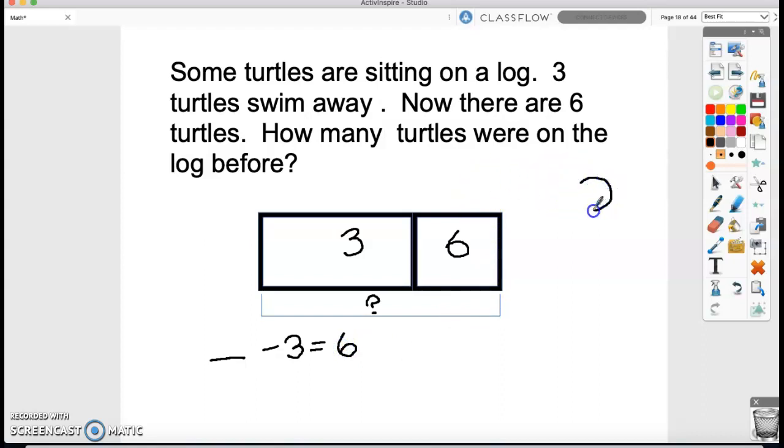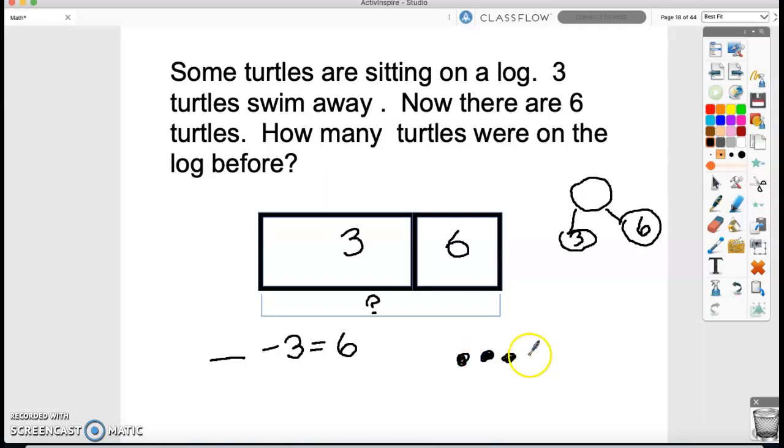So I can also use a number bond to figure this out. I only know my 2 parts on this number bond. I know that there's a 3 and a 6. So I need to know what number goes there. So I can draw a picture. I know that there were some turtles sitting on a log. I know that 3 turtles swim away.